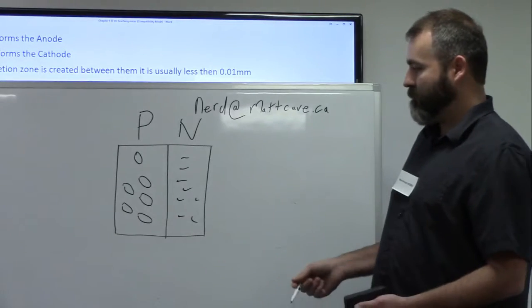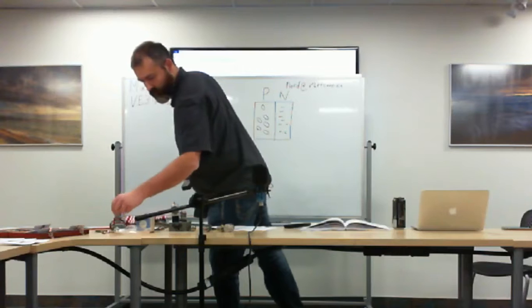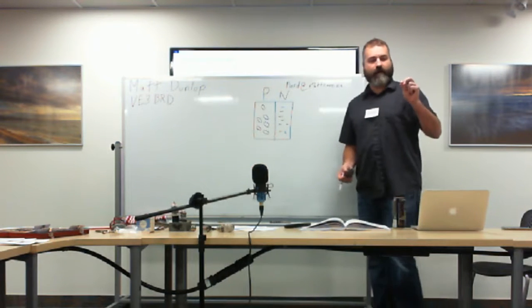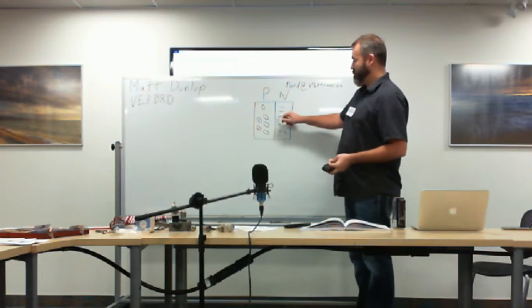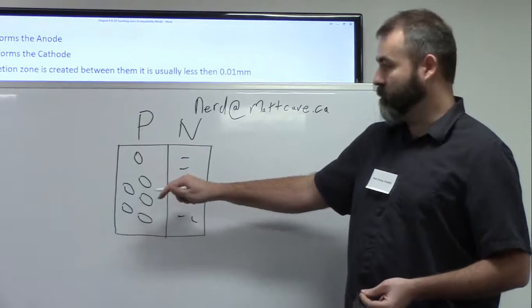So what happens is even when this isn't connected or have a power source connected to it, it actually creates a small current in itself. The electrons are naturally drawn towards the holes that are in the P-type.